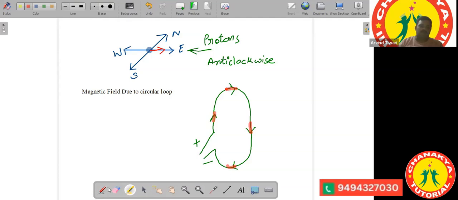If you just assume this much of length, what will be the direction of magnetic field line at this point and at this point? At the point above this, how will you observe? Are the magnetic field lines coming out of the board or are they entering the board? At this point.